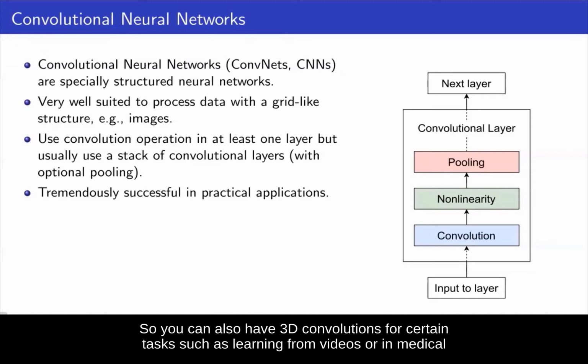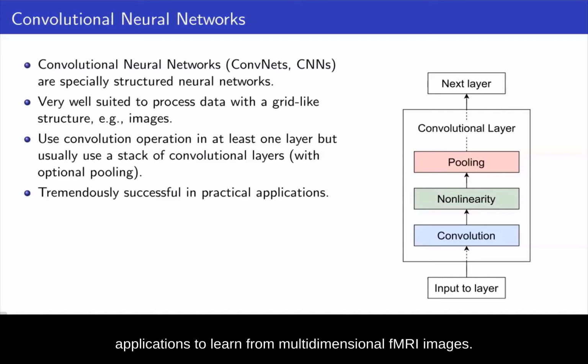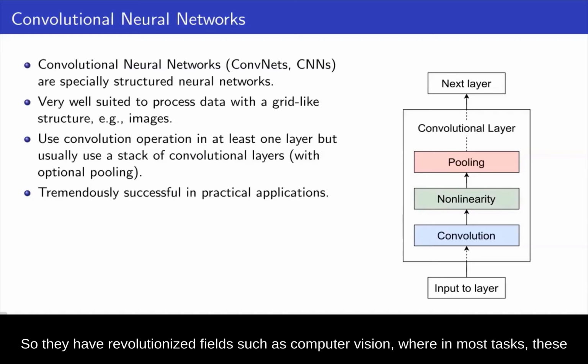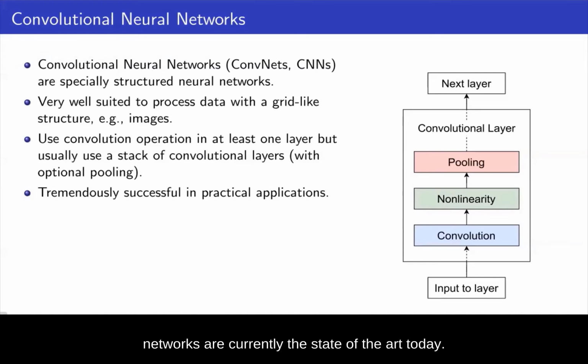So you can also have 3D convolutions for certain tasks such as learning from videos or in medical applications to learn from multidimensional fMRI images. And these networks are tremendously successful. They have revolutionized fields such as computer vision, where in most tasks, these networks are currently the state of the art today.